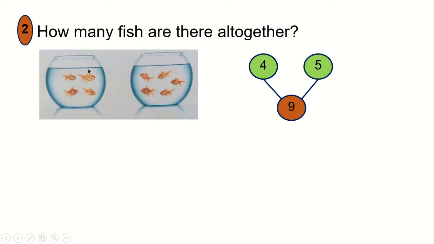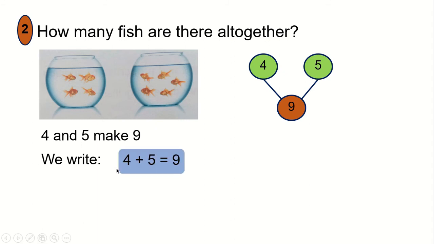Look, you have got 4, then 5, 6, 7, 8, and 9. So we have 9 fish. So 4 and 5 make 9. So as an addition number sentence, we can say 4 plus 5 equals 9.